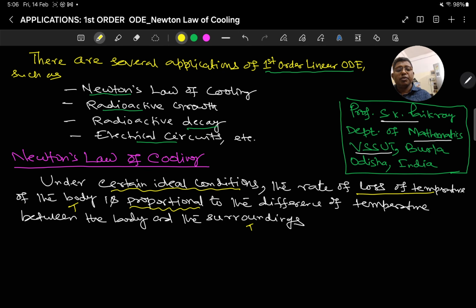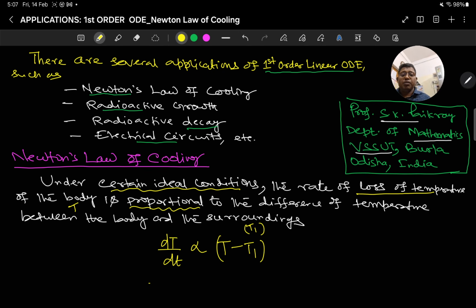Suppose I take the temperature of the surroundings as T1. Then according to the statement, dT/dt is proportional to the difference of the temperature of the body and the temperature of the surroundings. So this is the statement; now the mathematical representation of this.